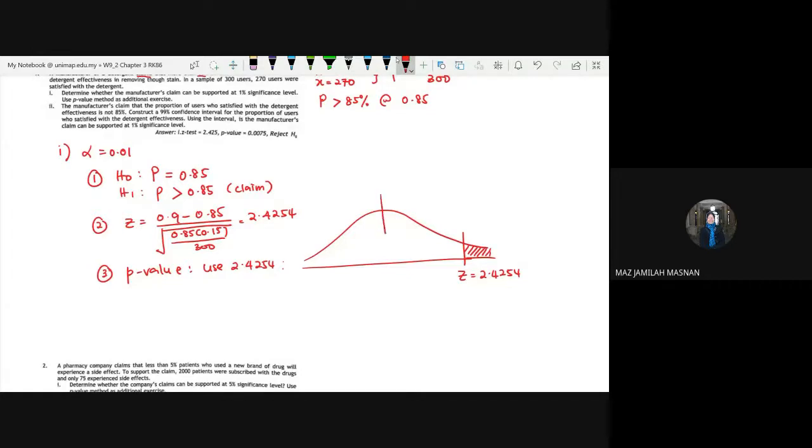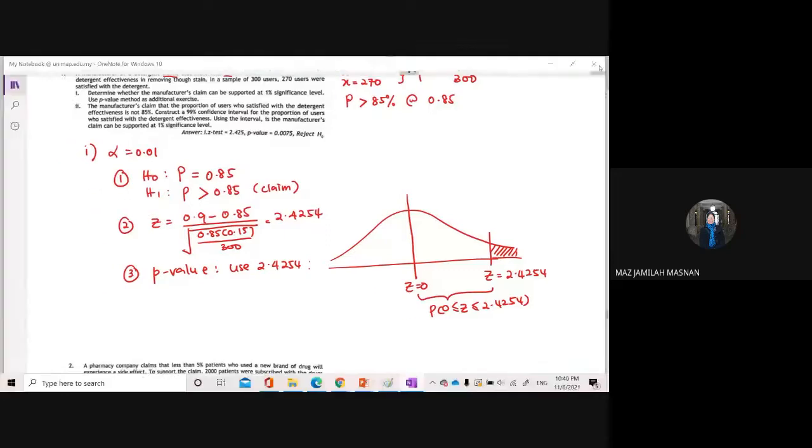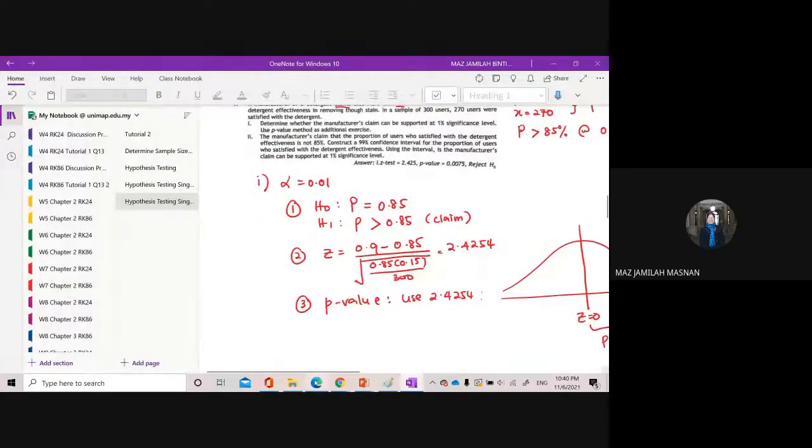Since we need to use the z equal to 0, we need to find the probability here, for z between 0 and 2.4254. We look at the z table, the first table.